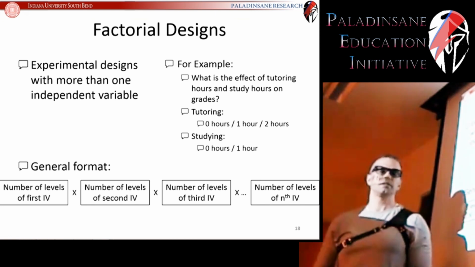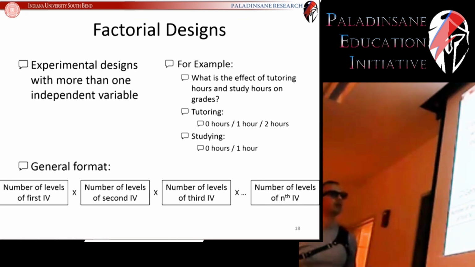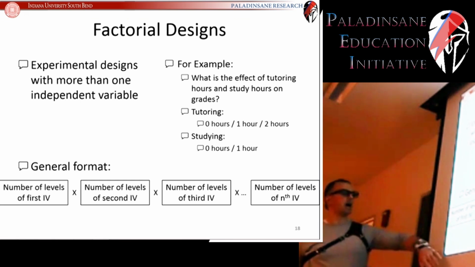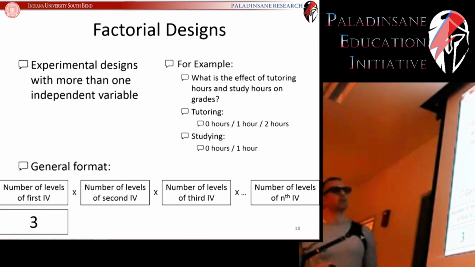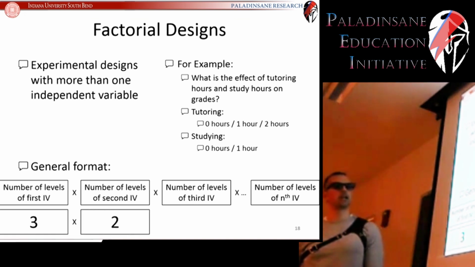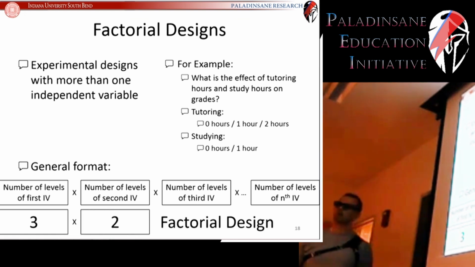So let's say that that's the design of the experiment. This design would be summarized by saying that we have a 3 levels of tutoring by 2 levels of studying factorial design.